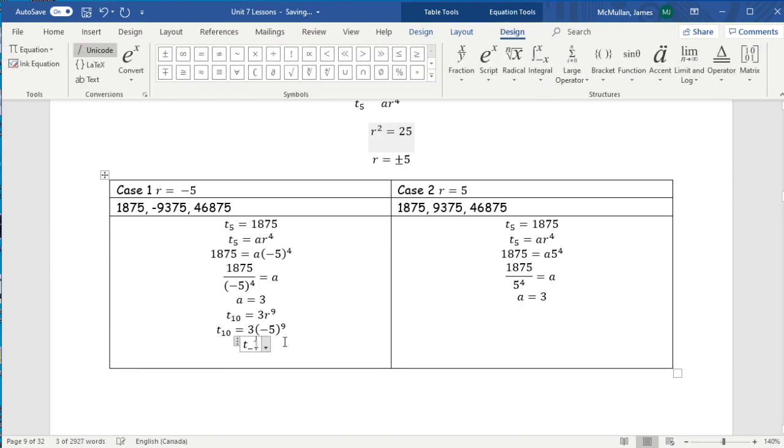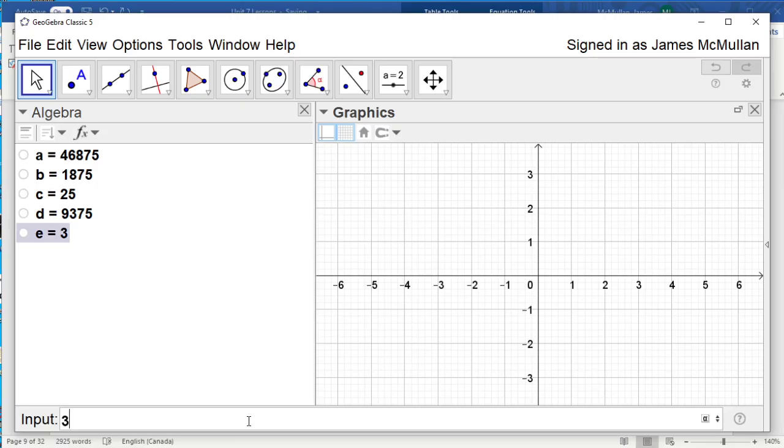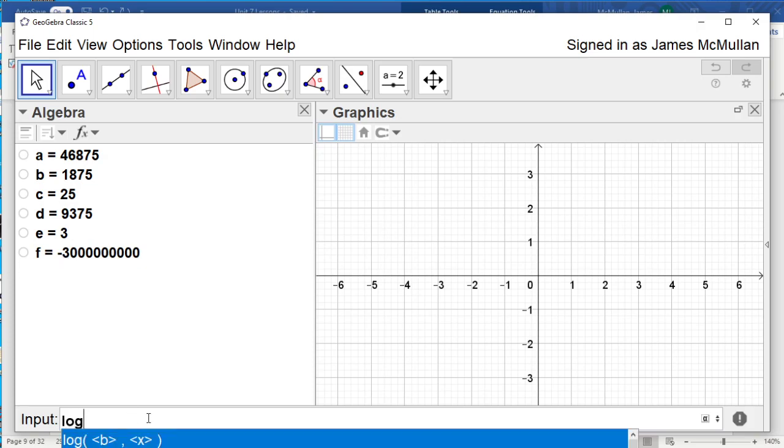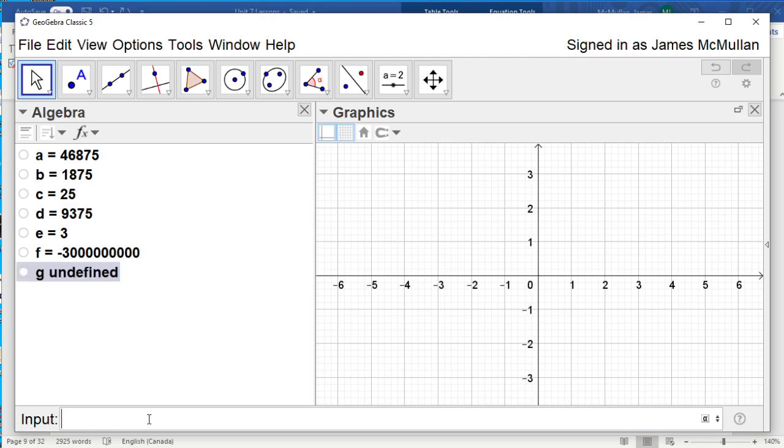Term 10 could be, oh boy. Oh, right, it's negative.